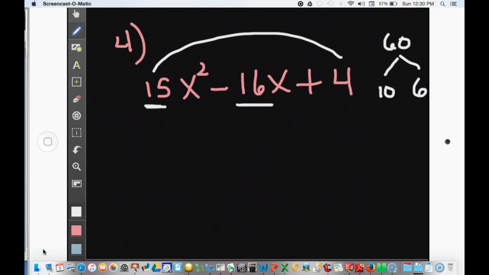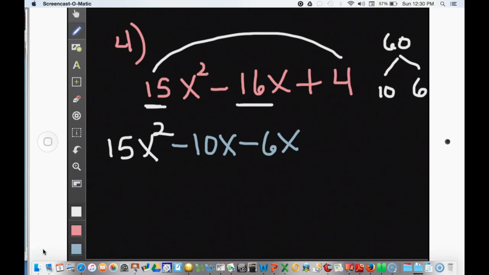So when I do this as a regrouping method, I'm going to think of it as 15x squared, and I'm now going to do minus 10x minus 6x plus 4. The minus 10x and the minus 6x will give us this negative 16x.